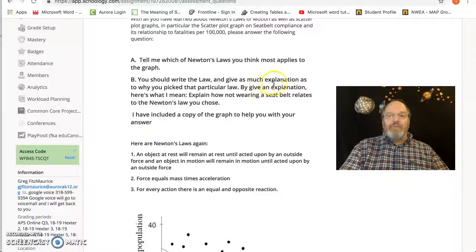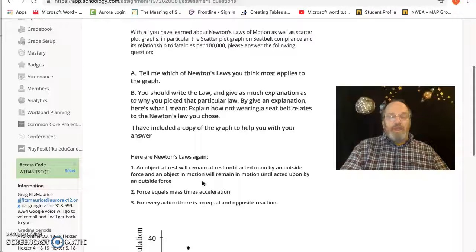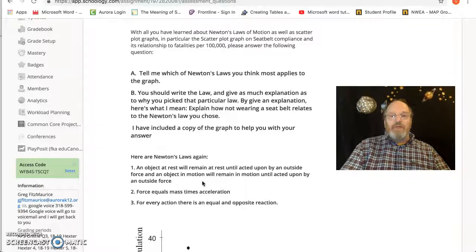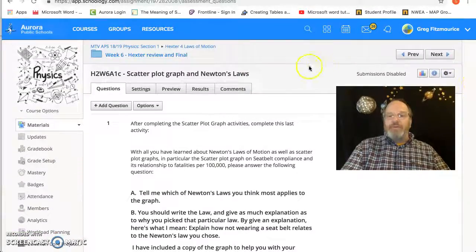Write the law, give as much explanation as to why you picked that particular law. I'm not saying there's a wrong or right answer. If you can justify your answer based on the graph, which I included a copy of right here, then more power to you. You'll have a really good chance of getting these points. All right, so scatter plot graphs.